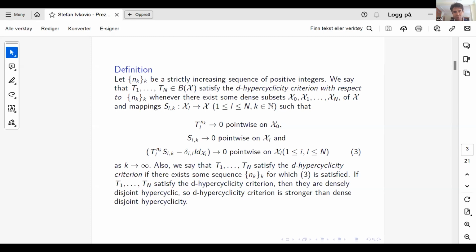These sequences converge pointwise to 0 on X_l for each l, and also this convergence holds pointwise on X_l for l between 1 and n.